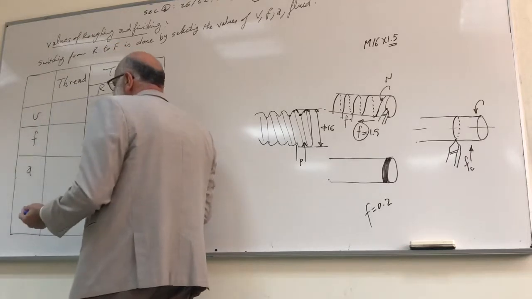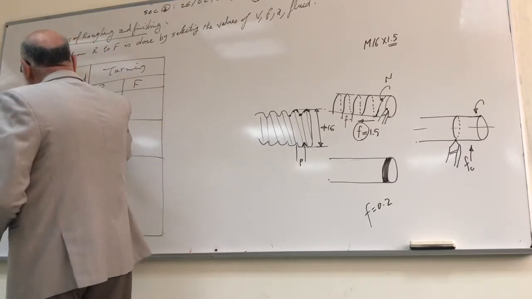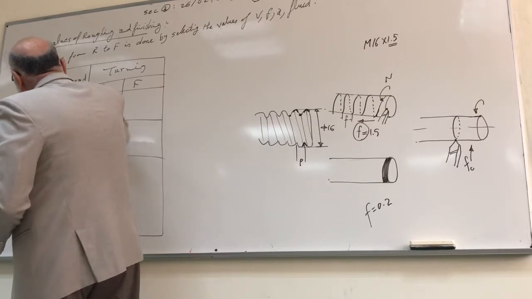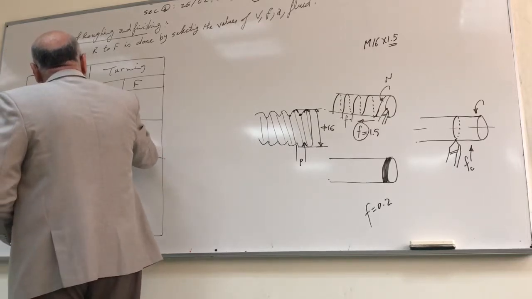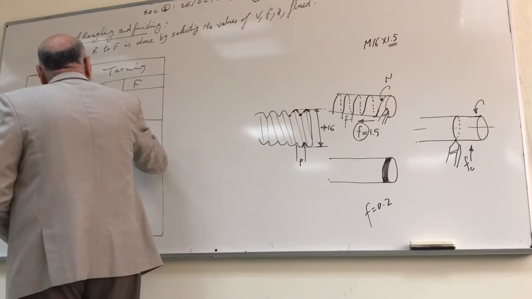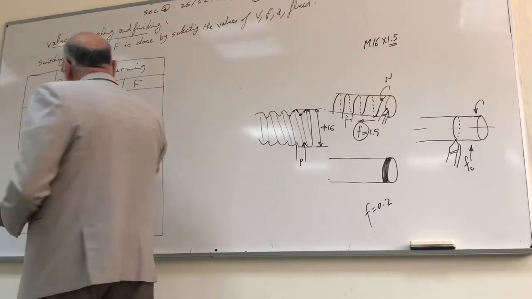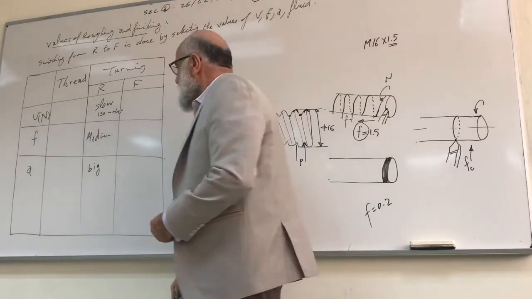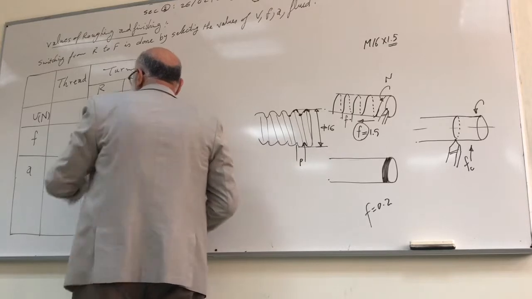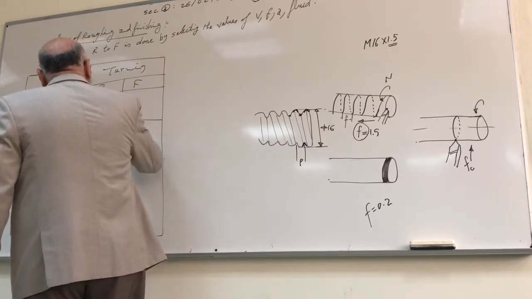Let us put some numbers on the values. I will talk about the N, the speed: maximum 150 revolutions per minute. It can be 80, but maximum 100, sorry, revolutions per minute. 150 revolutions per minute.